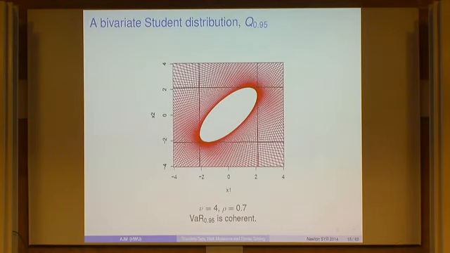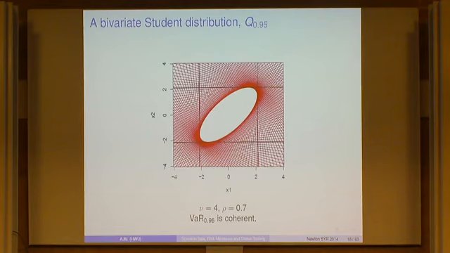All these red lines divide R2 into 5% and 95%. If we take a line like this, the 95% is on this side and the 5% is on this side, and you take the intersection and you get this white area here. So that's Q 0.95 for a particular Student distribution.